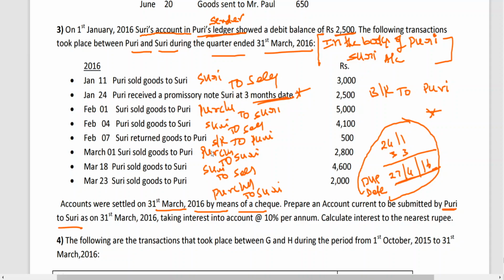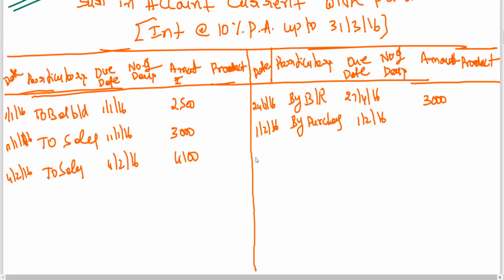Suri returned goods to Puri. I told you already. Sales returns to Puri, 7th February. By sales return 500. Due date is not given, same. What is the amount? 500.